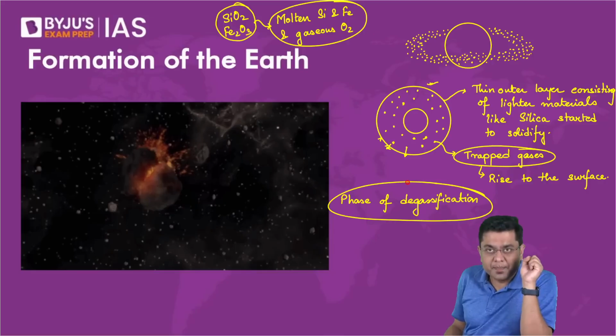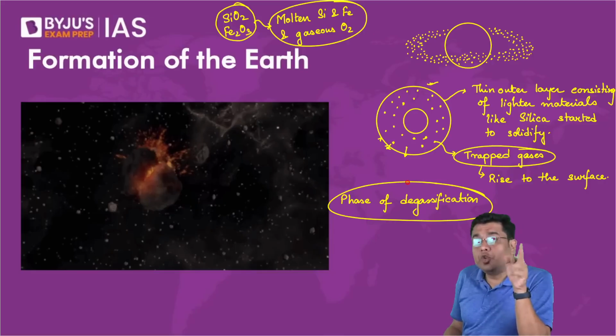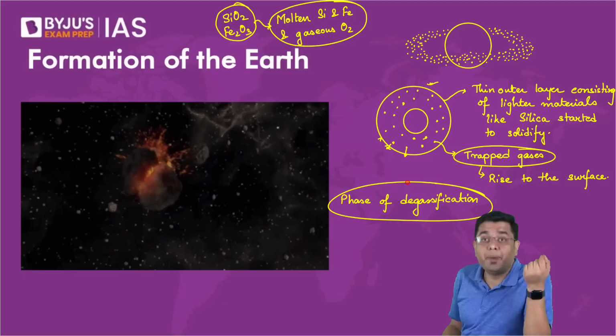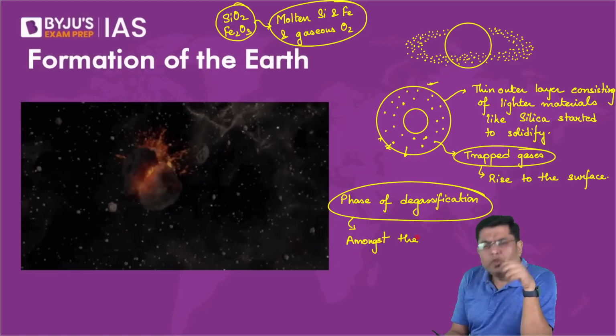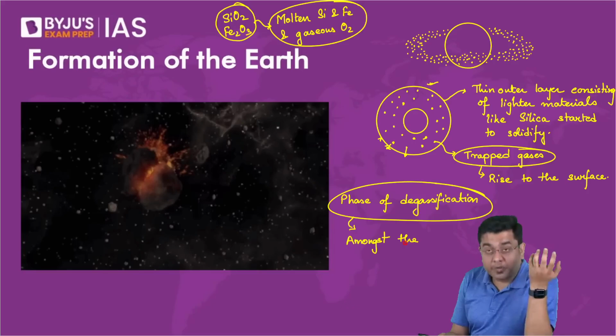At that temperature, oxygen and hydrogen would combine to form water vapor, right? Amongst the gases, you had various gases like ammonia, methane, carbon dioxide. All of these were also released, right?